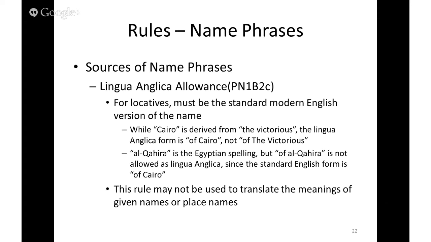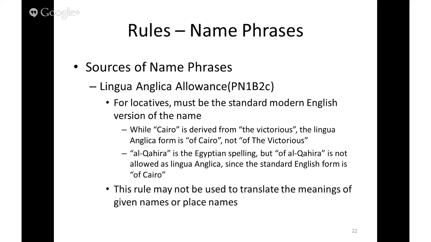First of all, in period, given names usually didn't really have meanings. Those kind of baby book name meanings tend to be post-period inventions. But even if they did, you can't translate them, because nobody's going to call me Sweet Song, and it's obvious that that's actually what the name means. Exactly. That's exactly right. So you cannot use that under the Lingua Anglica.